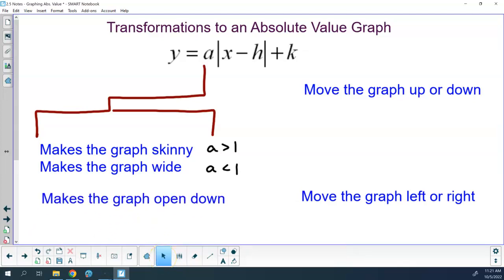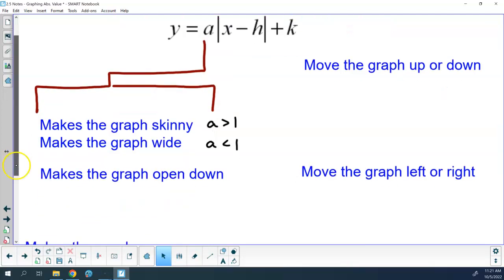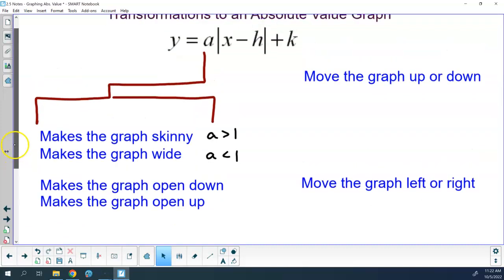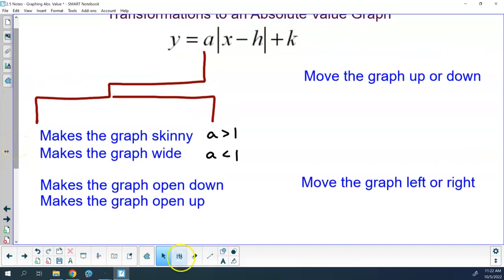A also makes the graph open up or down. If a is positive, it will open up. If a is negative, it will open down. So all 4 of those things come just out of a.